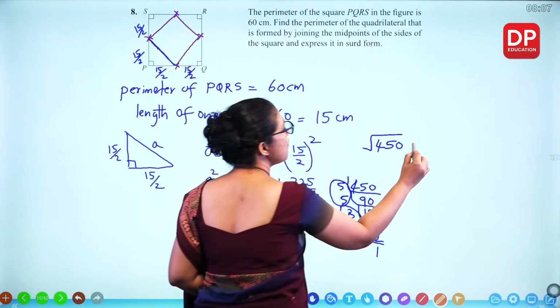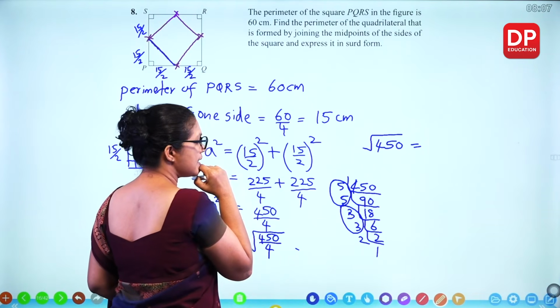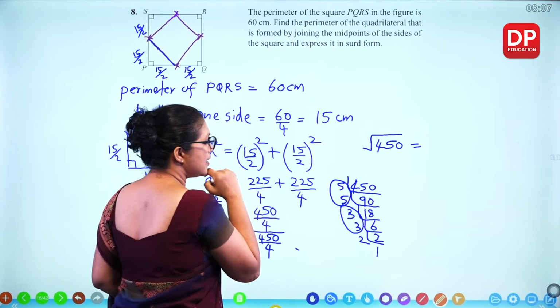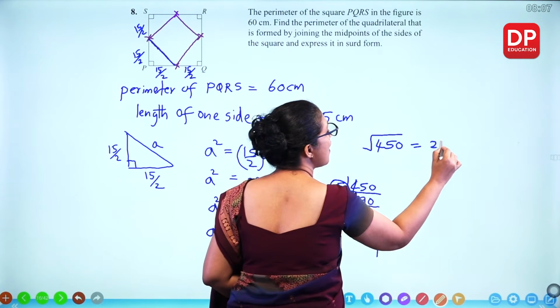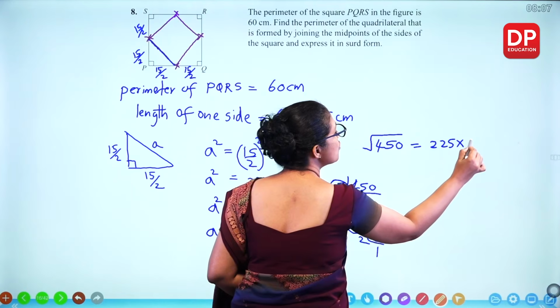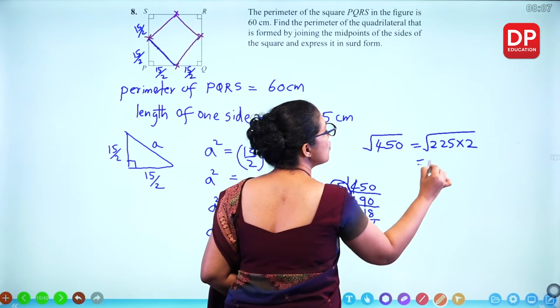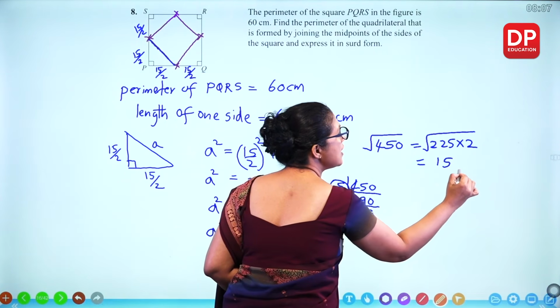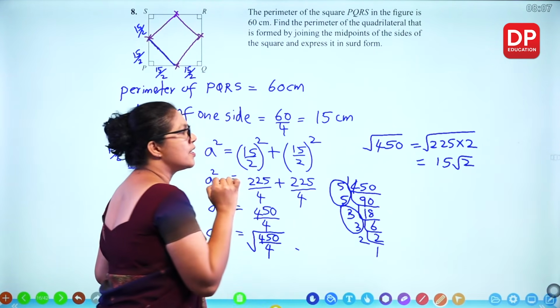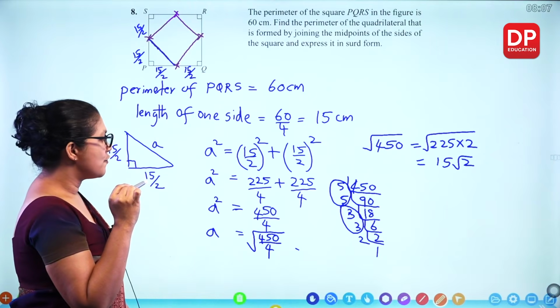So 450, you can write 15 times 15, 225 times 2. So when you take the square root, you get 15 root 2. That is the square root of 450.